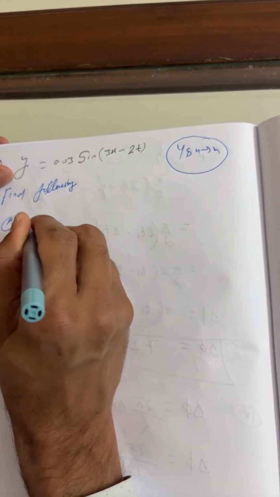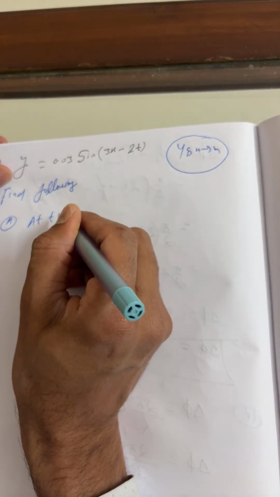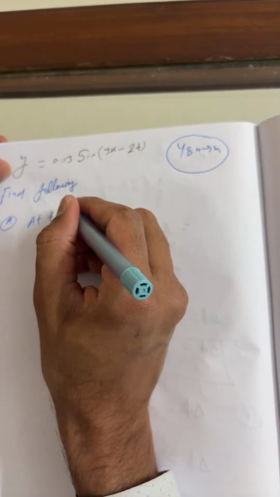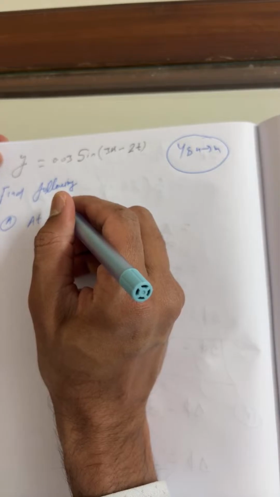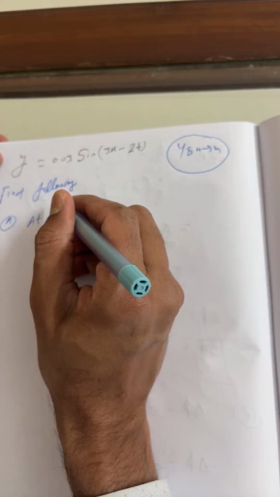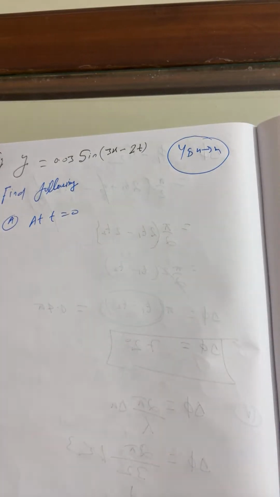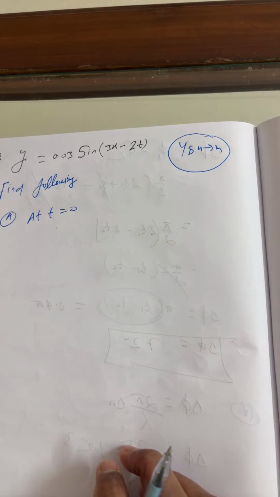Part number 1: at t equals 0, what is the displacement of the particle?